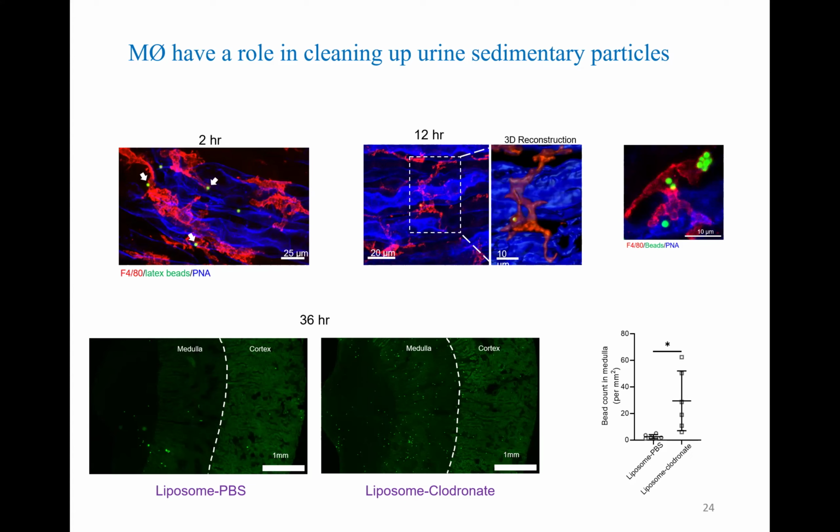So we hypothesize that if the particles taken in by the macrophage are degradable by the cell, they will degrade them in situ. If the particles are indegradable, such as latex beads, juxtatubular macrophages can transmigrate to the lumen and escort the particles out of the kidney through the urine.